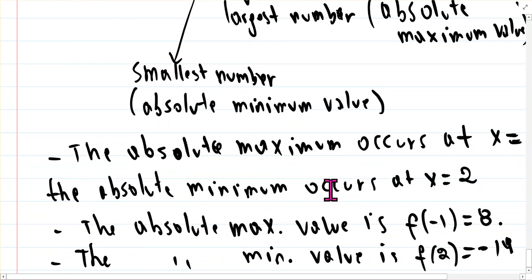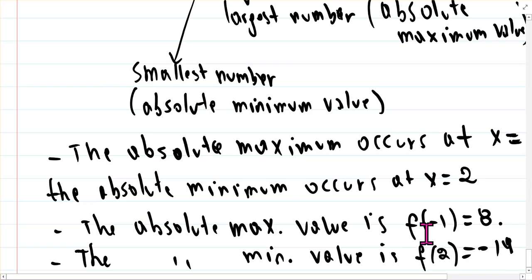Okay. So where does it happen? We got the absolute maximum at x equals negative 1 and the absolute minimum at x equals 2.